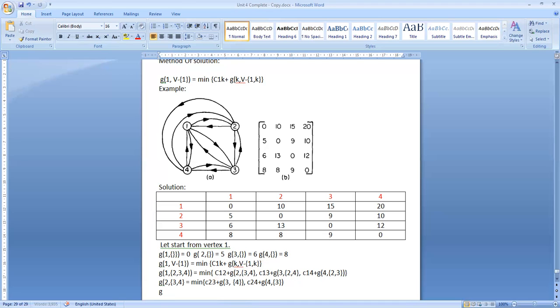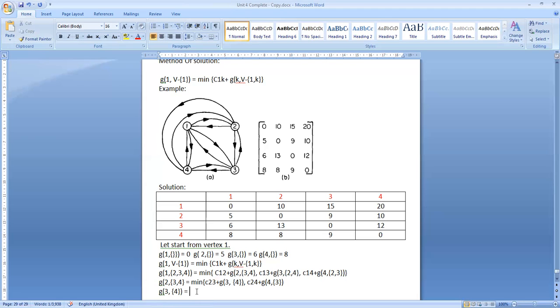G of 3, set 4 is nothing but: start from vertex 3 and go to vertex 4, then 4 to 1. So what is that path? 3 to 4, 4 to 1. 3 to 4 is 12.